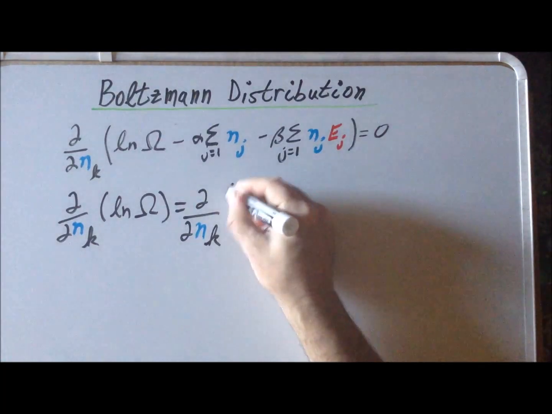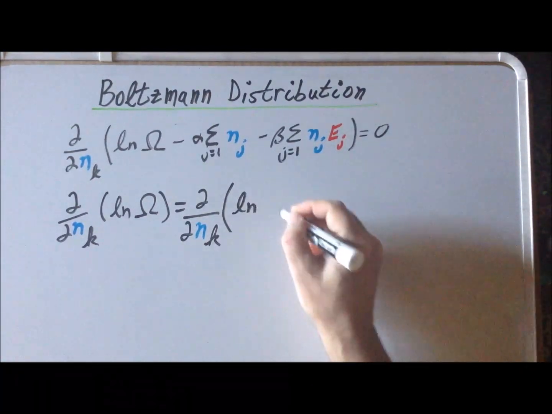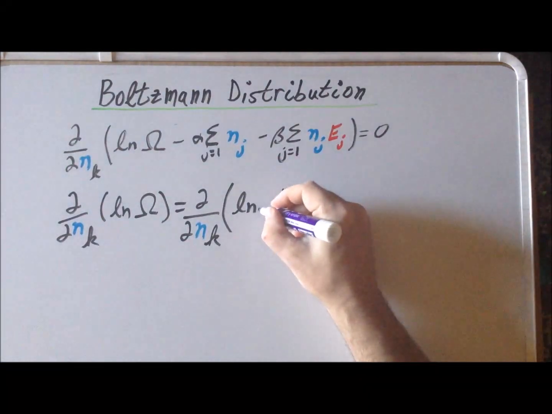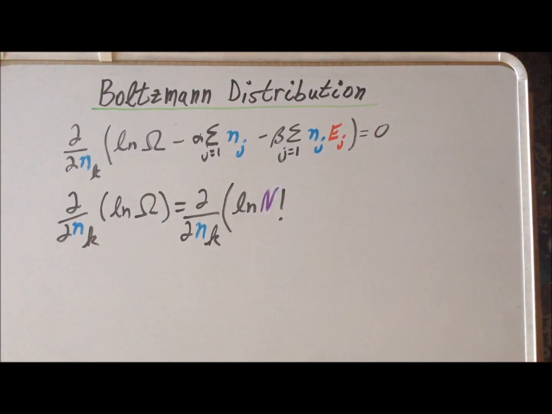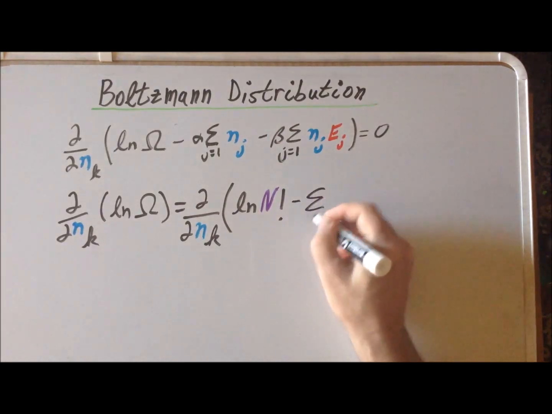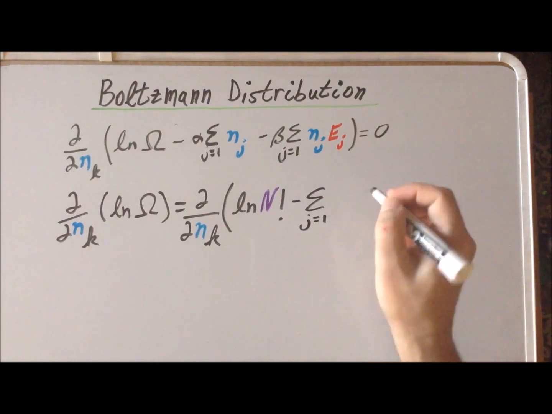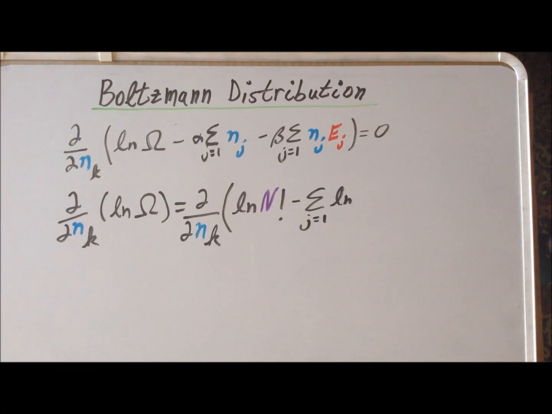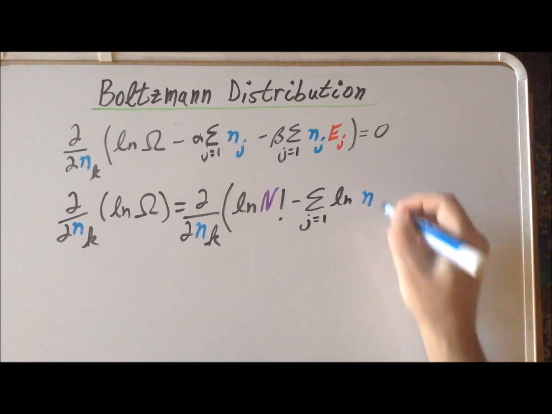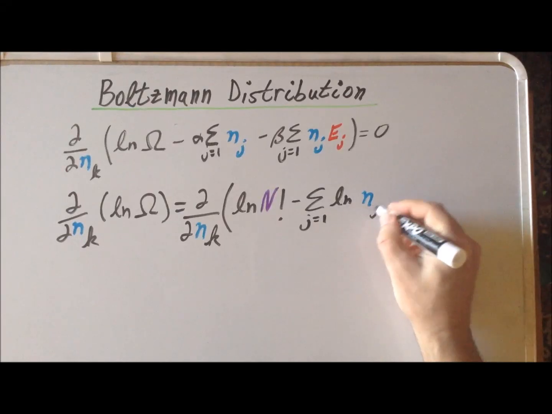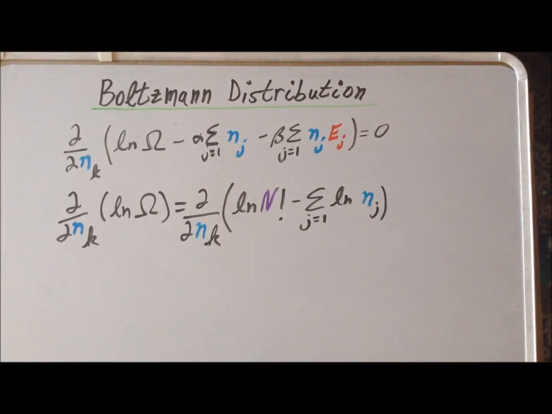So what does that give us? Well, it gives us the natural log of big N factorial. I'm going to put it in purple again to remind us that that's our big N, and it's minus the sum of the natural log of the small n sub j's factorials.